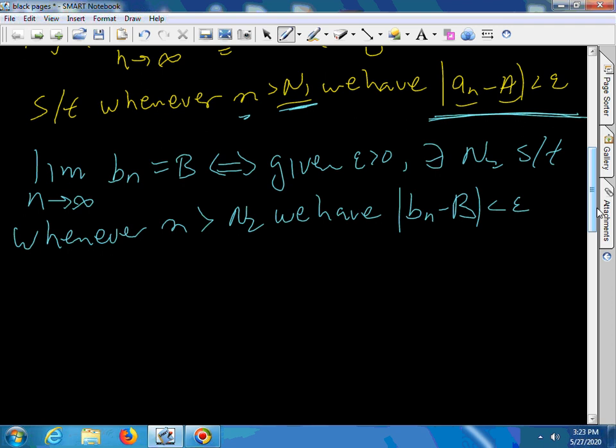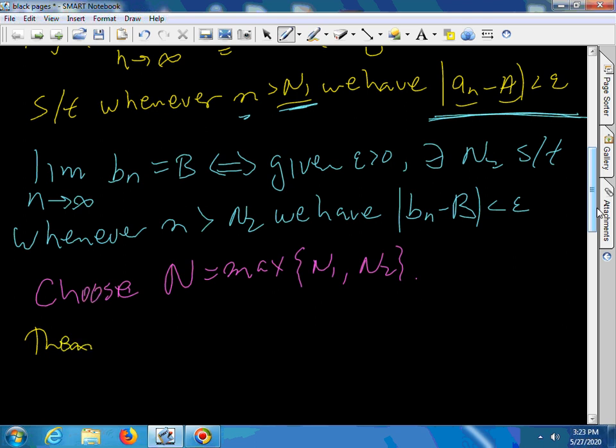So I can get away with choosing capital N to be the maximum between these two. That is, it's the larger one. Then we can say the following. Whenever the little n's are bigger than capital N, we have the following.